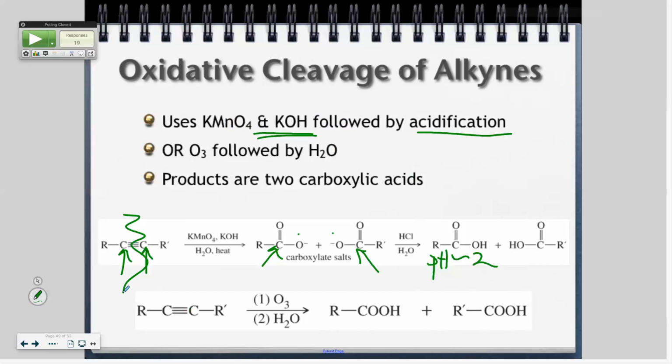Well, when we do spectroscopy, figuring out where those double bonds are can be a little tricky. So one of the things they would do to study them when they were first figuring out the structures is they would cut them and figure out what each of the little pieces looked like and then go backwards and put them back together. So this actually gets done for a real reason, okay?